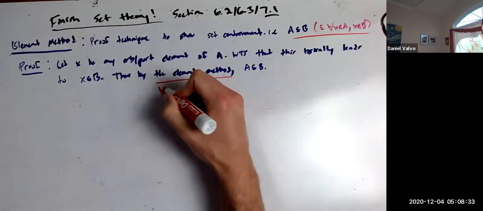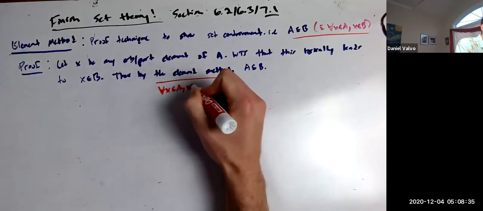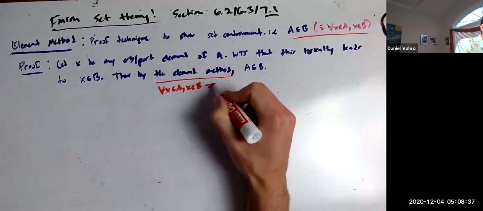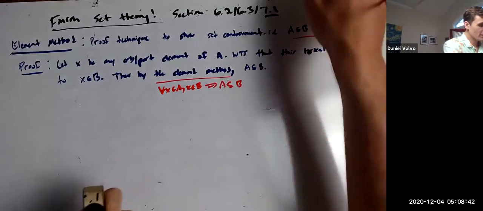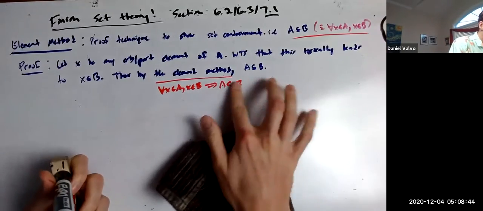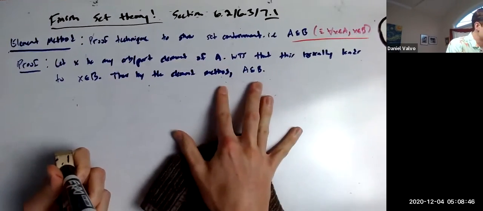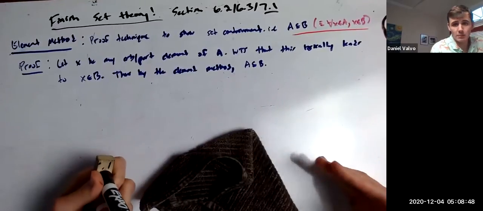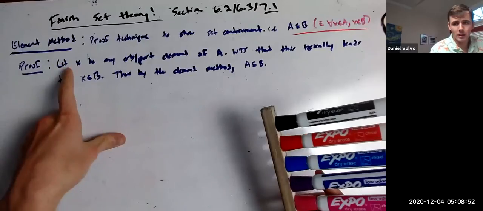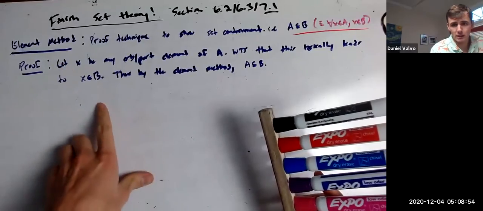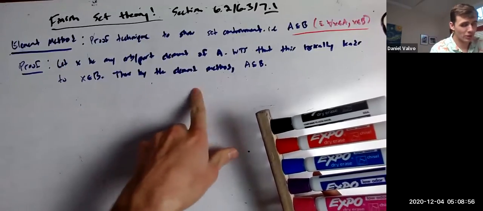Thus, since we have for all X in A, X is in B, that implies A is a subset of B. The point is, for all of our proofs, when we're trying to prove that a set is a subset of another set, we can use the element method where you assume you have an element in the smaller set and prove it for the bigger set. And then we say, by the element method, subset works.